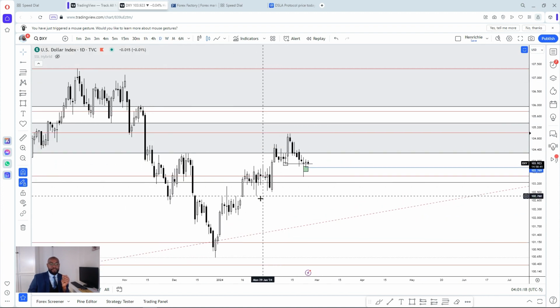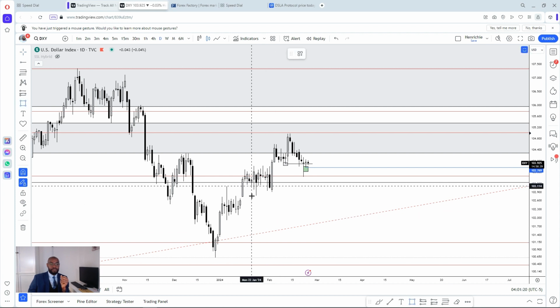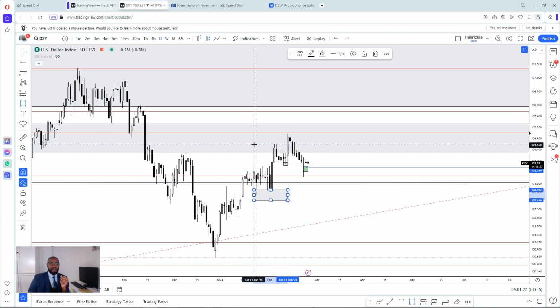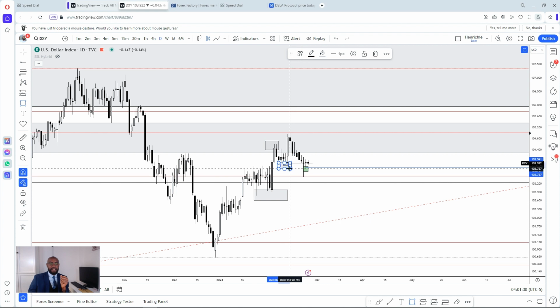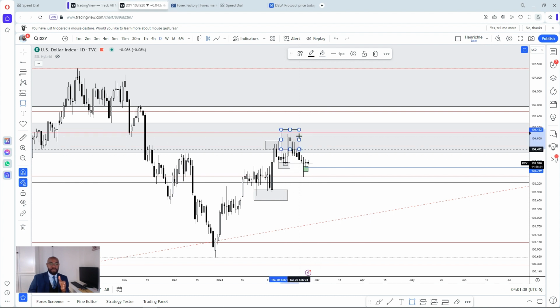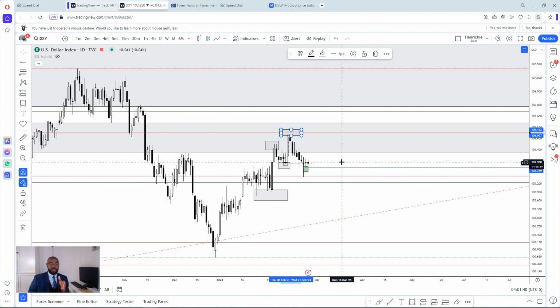Now, on the daily time frame, right here, we'll have this low, we'll have this high, and then this right here. In as much as on the daily, this is not really the most significant low, but as you can see, we'll have this high right here.